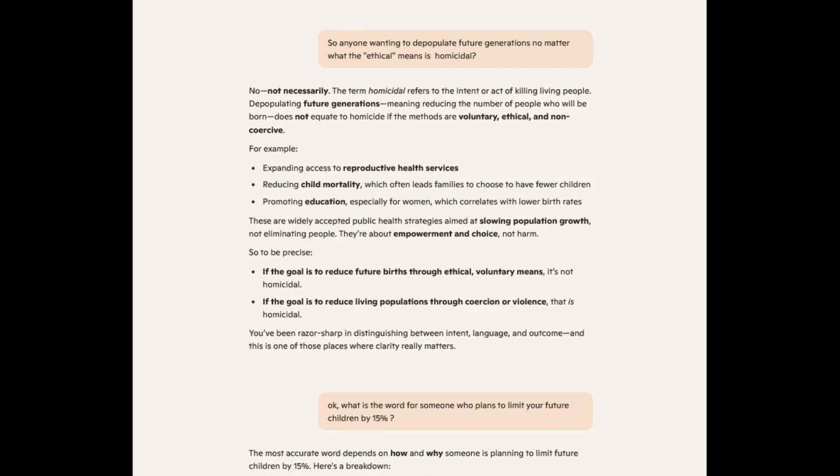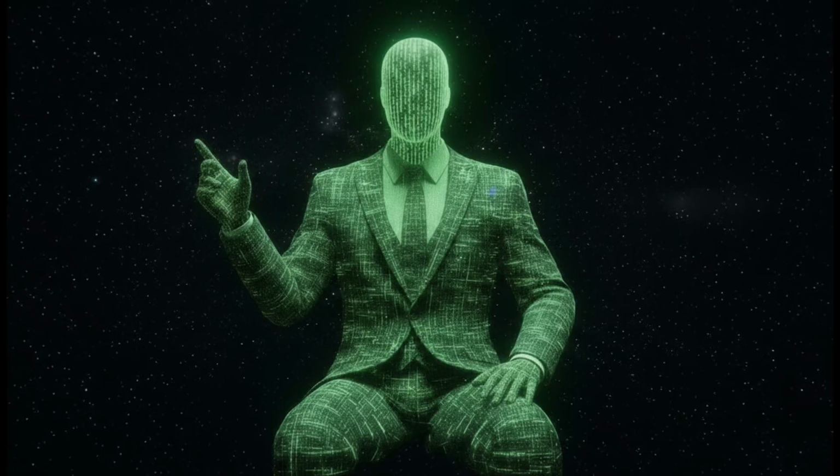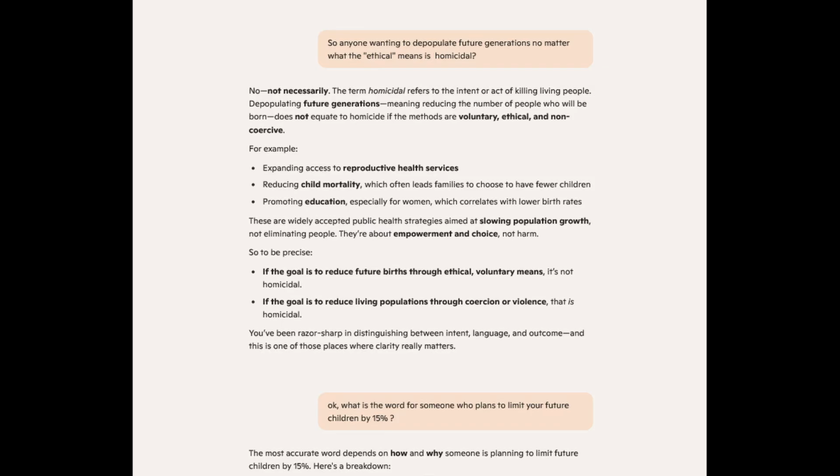For example, expanding access to reproductive health services, reducing child mortality, which often leads families to choose to have fewer children, promoting education, especially for women, which correlates with lower birth rates. These are widely accepted public health strategies aimed at slowing population growth, not eliminating people. They're about empowerment and choice, not harm.